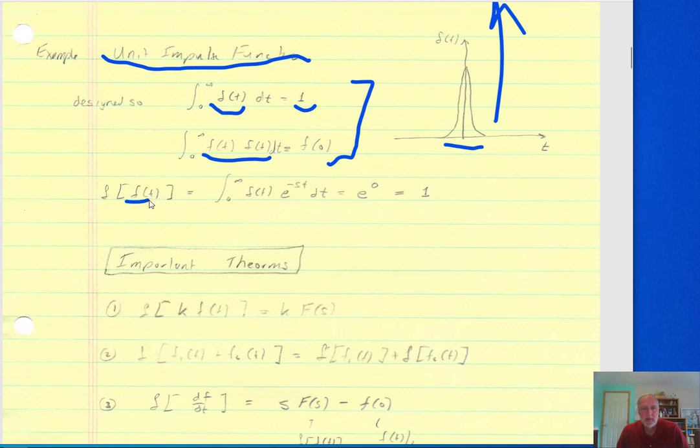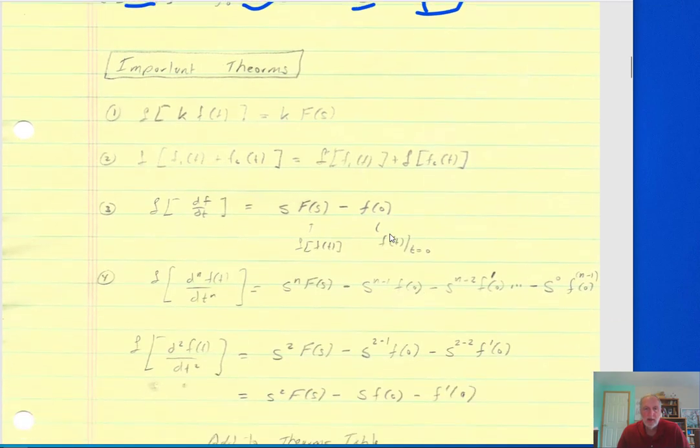So if we want to take the Laplace transform of the delta function, we plug delta in here. It's directly from this definition above. This picks off the value of e to the minus st at t equals 0. So we get e to the 0 is 1. So the Laplace transform of the impulse is 1.